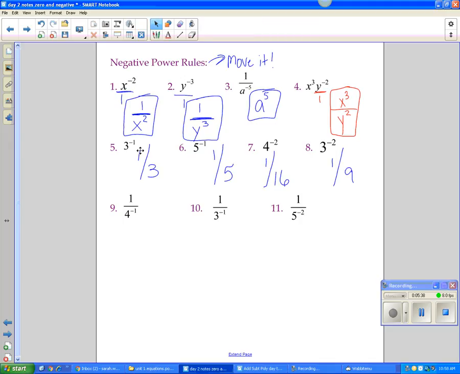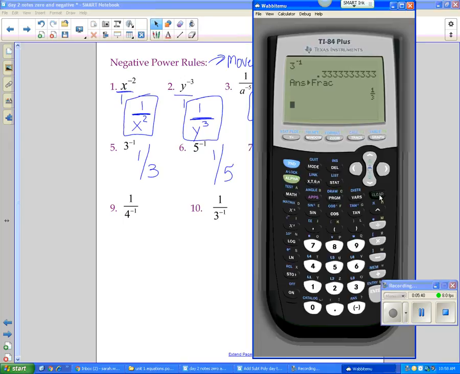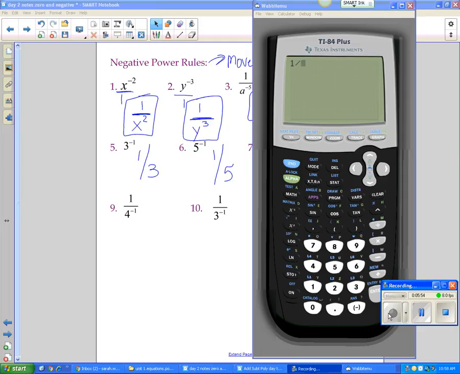Number 9. When I type this one in, I need to type in a 1. Then I need to type in the division. Yes, Dylan, thank you for raising your hand. Okay, I type in 1, then the division sign to get this bar, and then 4, caret key, -1, and it should just give you 4.